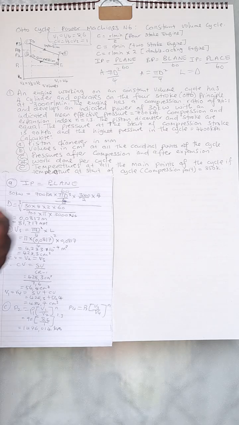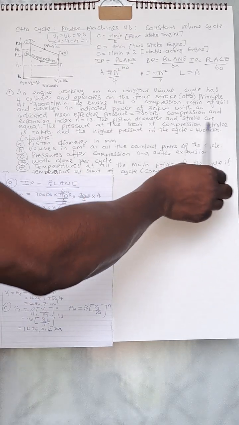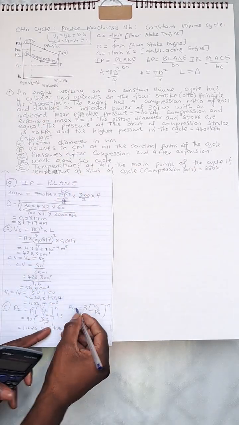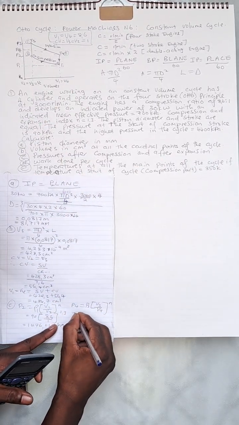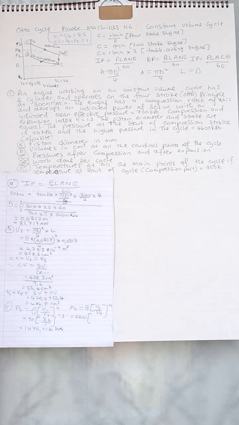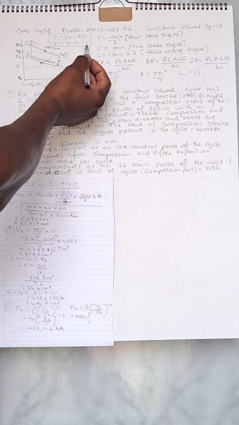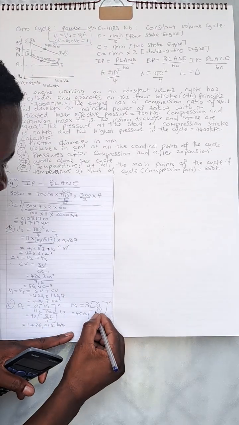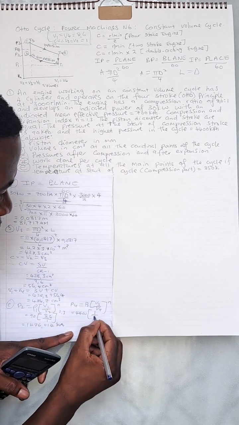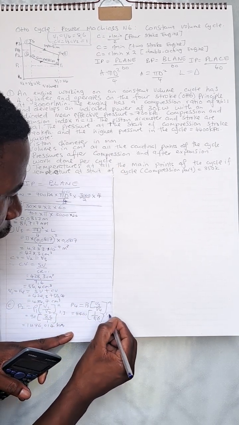Our P3 is given, because the question says the highest pressure in the cycle is 4,400. So that's our highest pressure on an Otto cycle, 4,400 into our V3. What's our V3 from our compression ratio? It's 1. And our V4 from the compression ratio is 8.6 to the exponent of 1.3.